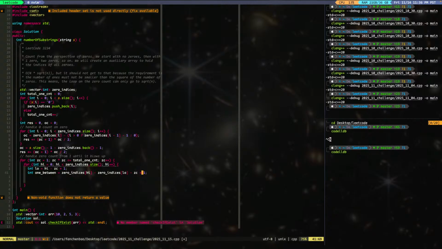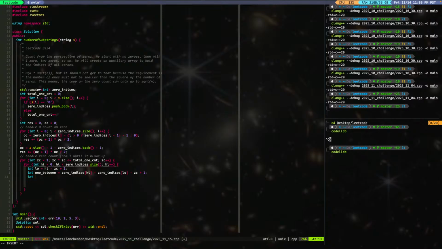So yeah, I think it's right. So we have 1 in between, and then we need 1 on the left. Okay, how much 1 is on the left? So to find out the 1 on the left is just the 0 indices low, right? And low minus 1, right?